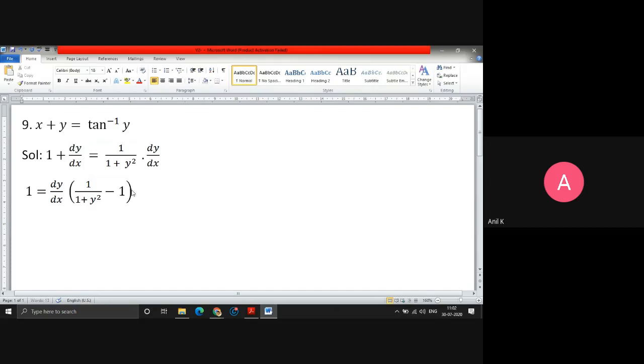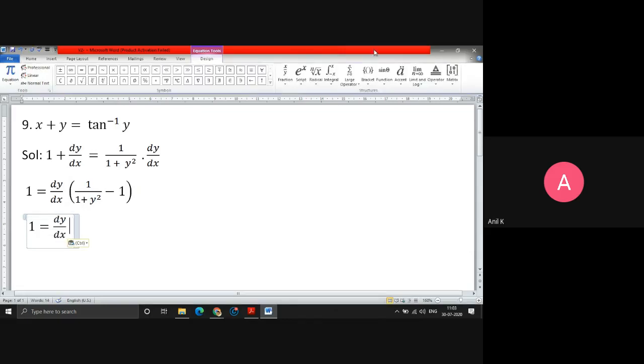If you want, you can take the LCM in the RHS. dy by dx also will remain the same. So what will be the LCM? The denominator is going to be the LCM. Let me put the bracket.